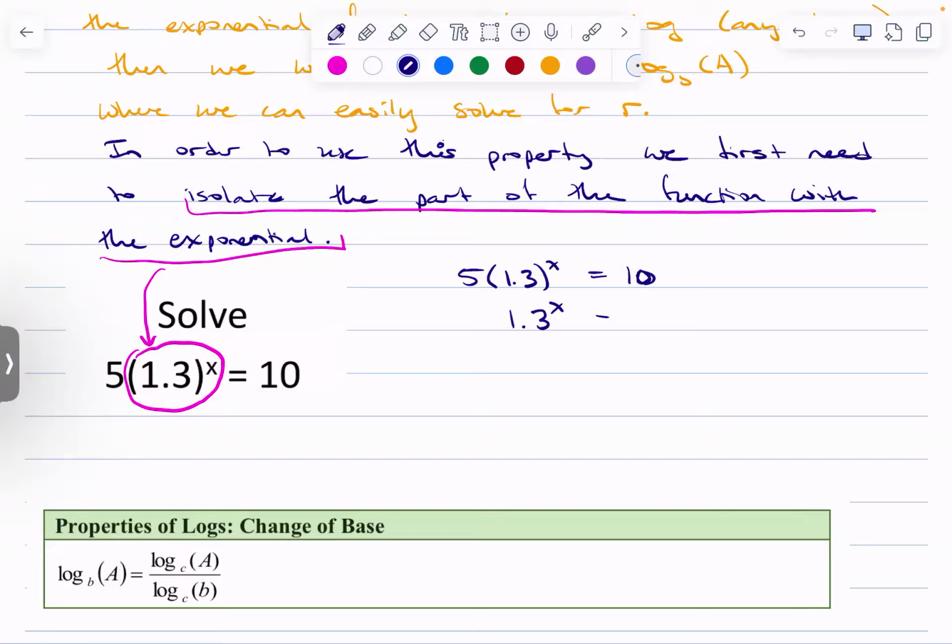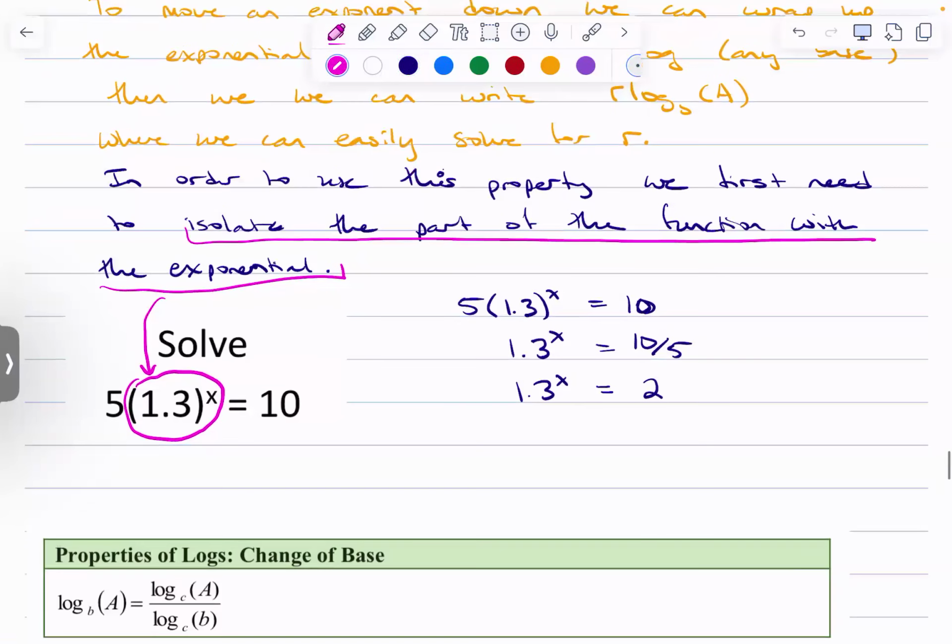I get 1.3 to the x is 10 divided by 5, so 1.3 to the x is 2. And I'll just show that that's what I did here. And now it's isolated.